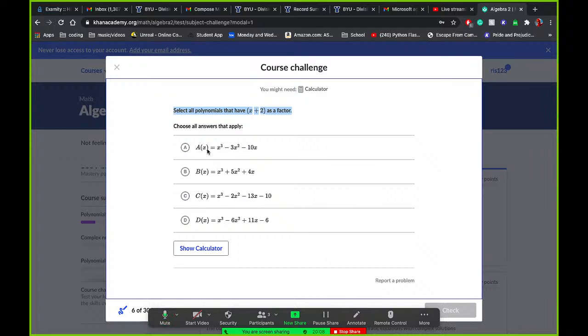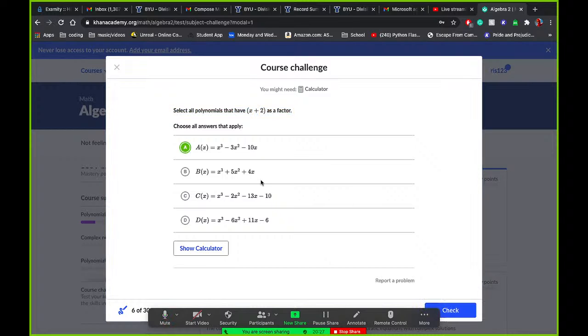Okay, so first of all, I know that it's not this one, because this does not have a factor of x plus 2. See, if you factor x from this, it becomes x squared minus 3x minus 10. And actually, no, it is.